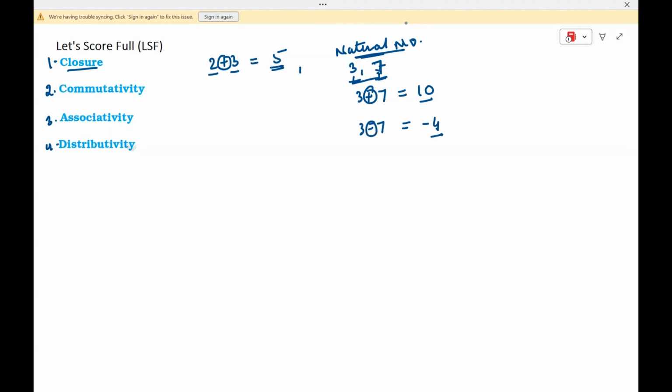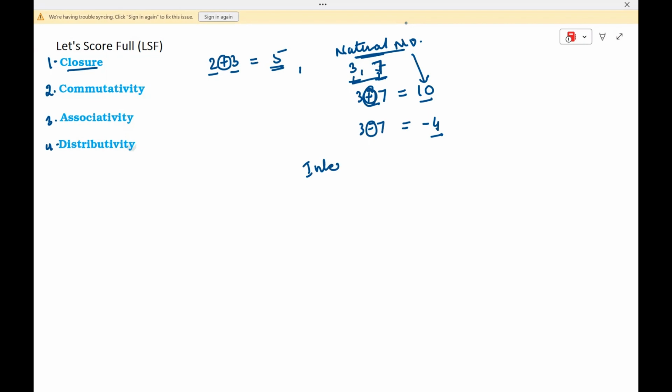Means if I take some type of numbers and do addition, subtraction, multiplication, division, whatever, if I get the same type of number, then I will say it is closed under that mathematical operator, else it is not.